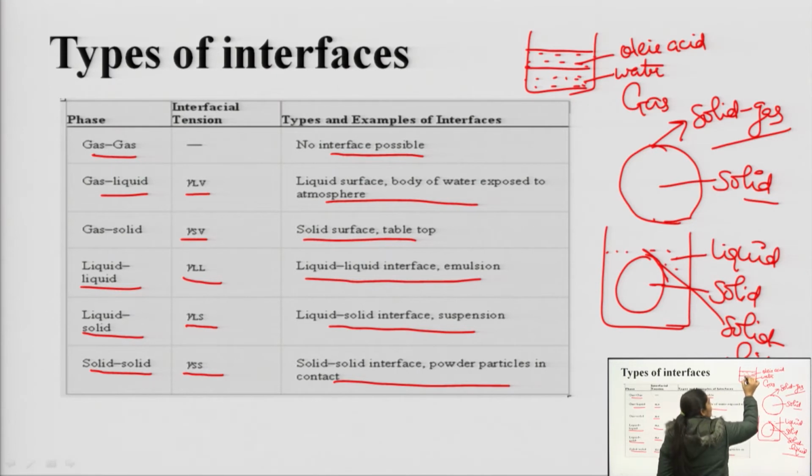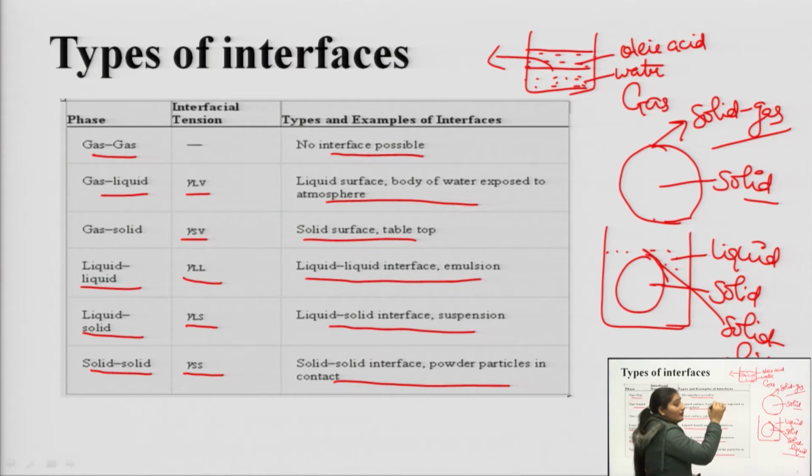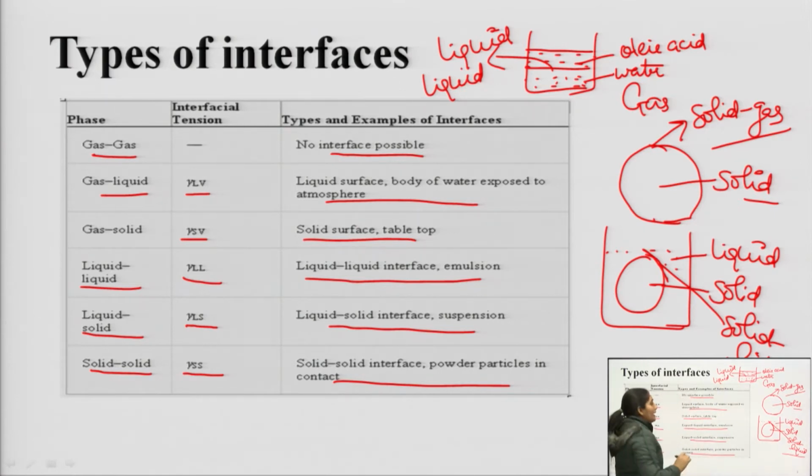So, the boundary that exists between these two liquids will be known as the interface, and this will be called the liquid interface. Okay. And an example of this is emulsion. This emulsion is the example of liquid-liquid interface. Okay.